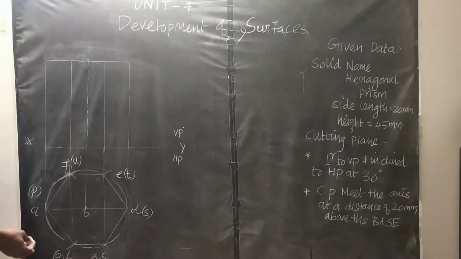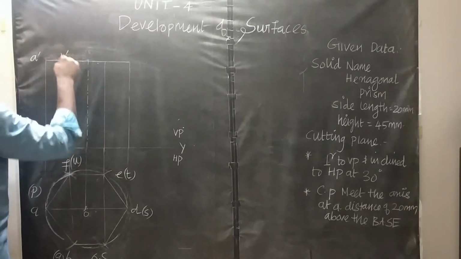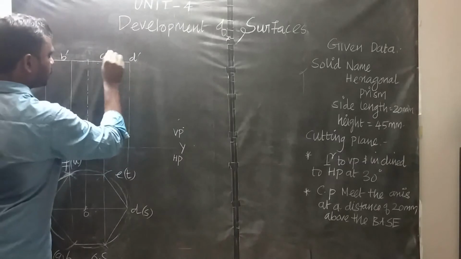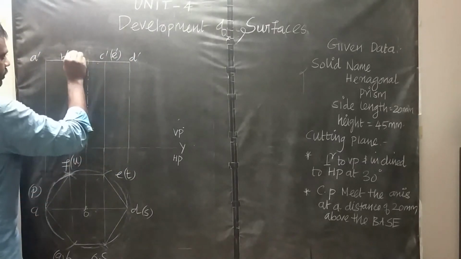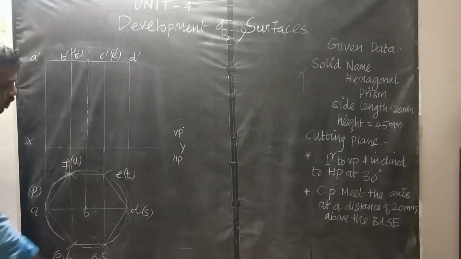So give the naming like this: top end A dash, B dash visible, then C dash, D dash, then E dash comes within the bracket, then F dash comes within the bracket. Similarly, give the naming to the bottom end. The bottom end is PQRS.